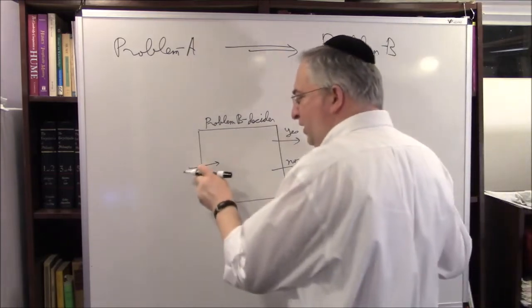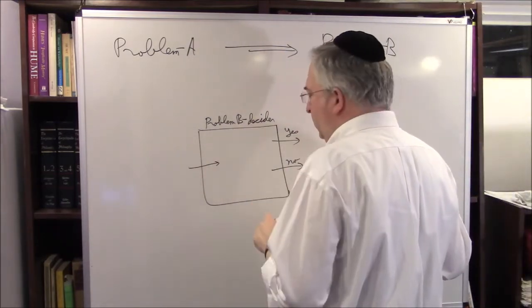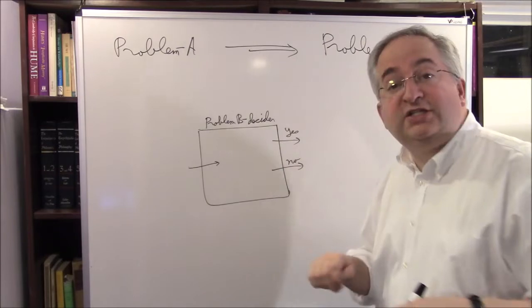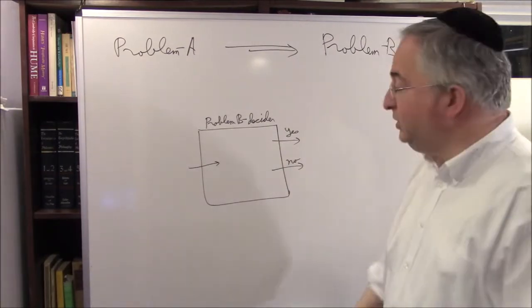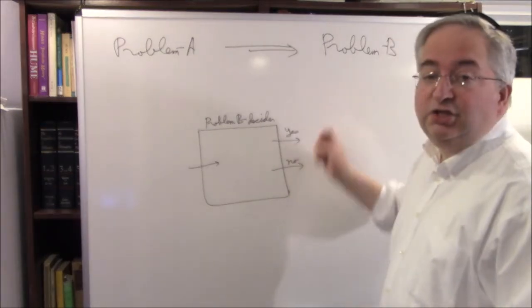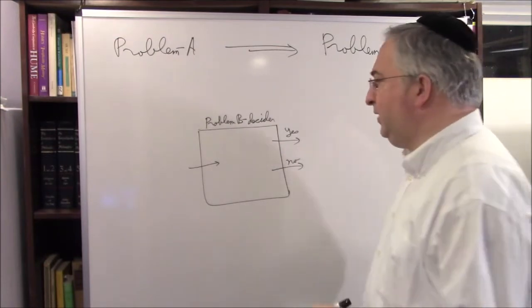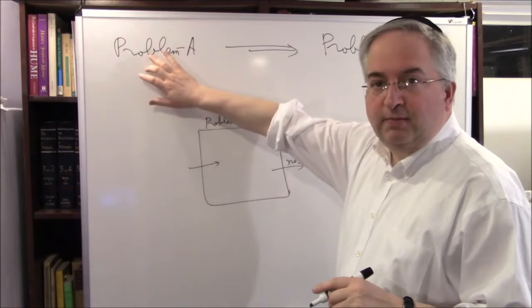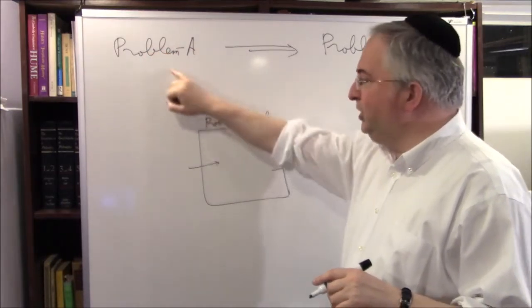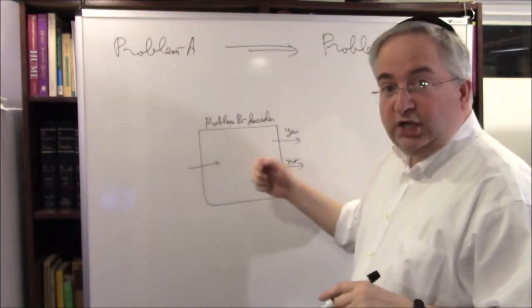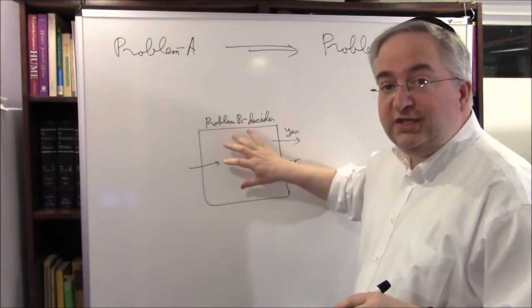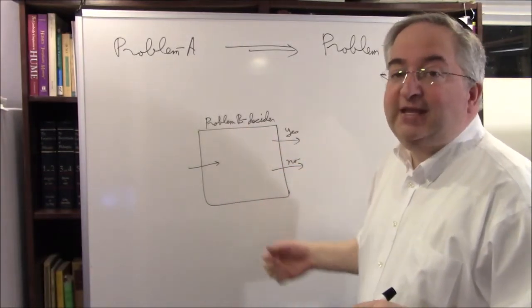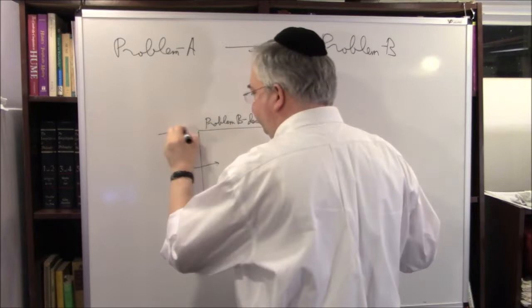That means you have input to problem B, and you're going to get out a yes-no answer. We're only talking about decision problems. Okay, great. Now, if I want to solve problem A, I'm not going to change this, but I'm going to use this and make a problem A decider. Here's what I'm going to do.